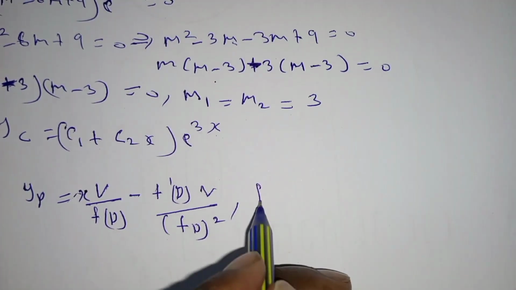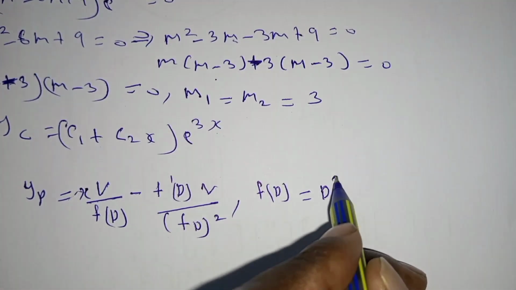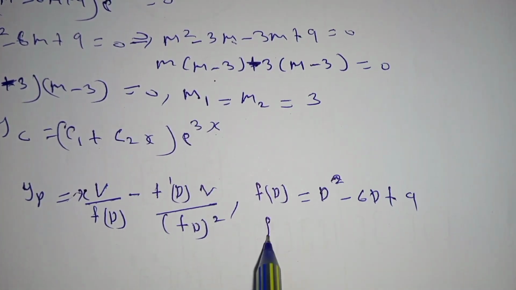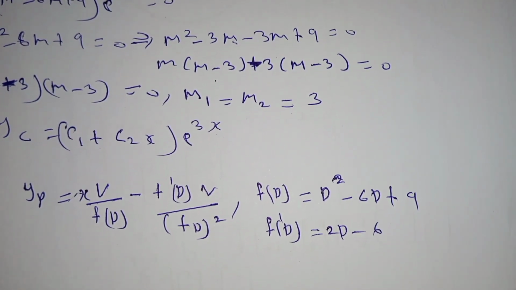Now in our case, f of d is equal to d squared minus 6d plus 9. F of d prime is equal to 2d minus 6.